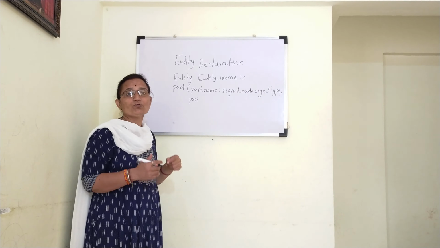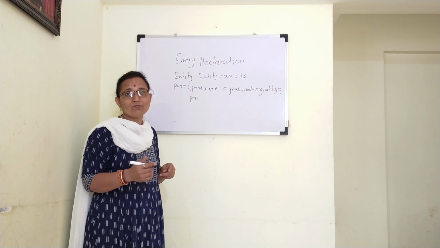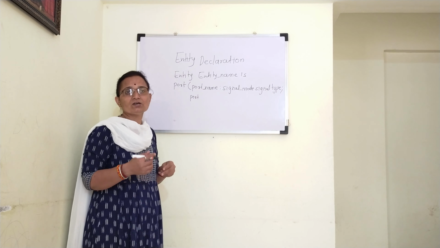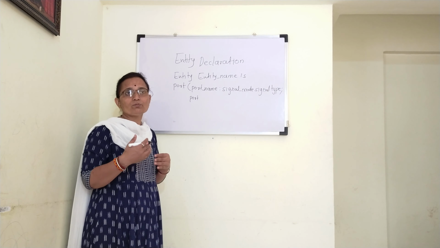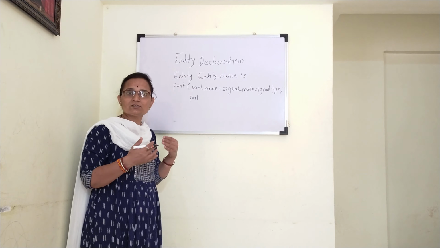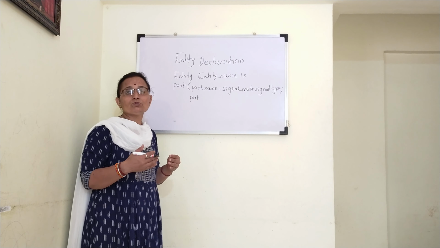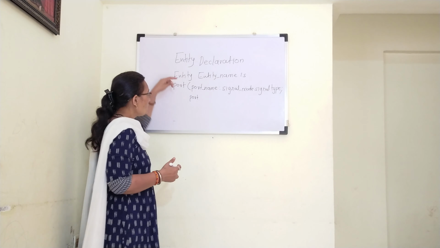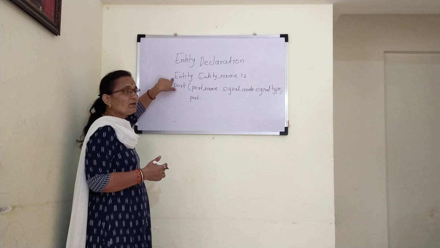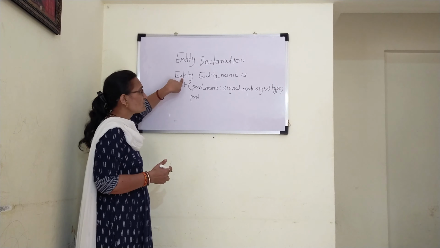For the input, what data you are going to send, whether it is an integer, real or float, and what kind of output you are getting from the system. You should know the type of the data coming from the output. That's why, here in the entity, this is the syntax.